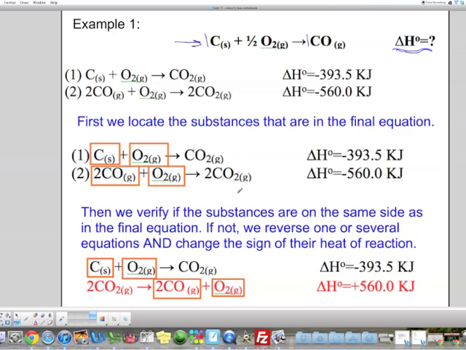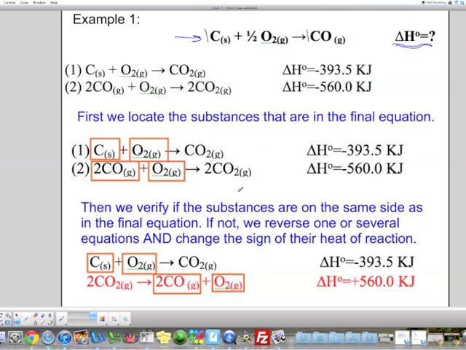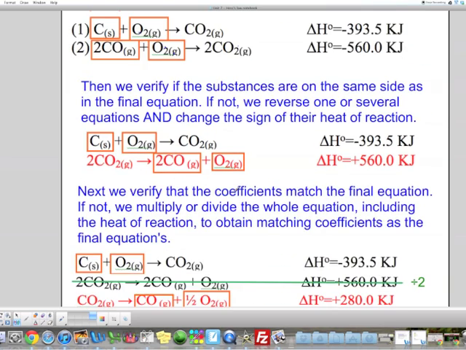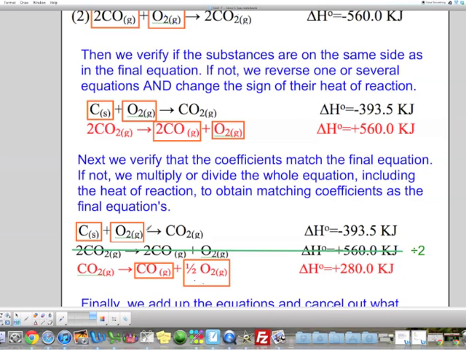So if I go down a little bit, okay, so I'm just going to look here. I have two COs, but I only need one, which means I need to divide the whole line by 2. That is why over here I crossed it out and I rewrote the same equation, but with all coefficients being halved.